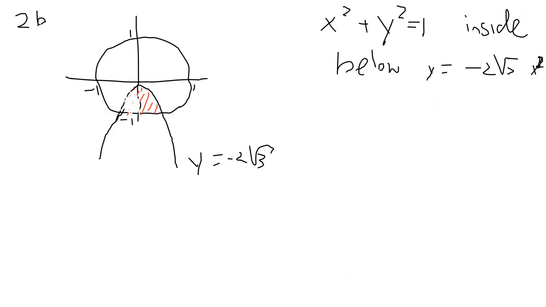Okay, so now, yeah, let me try to redraw this. Remember this line here is tangent to the x-axis. So I'm trying to redraw it a little bit so that it's more clear.